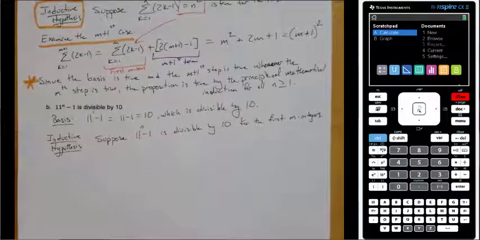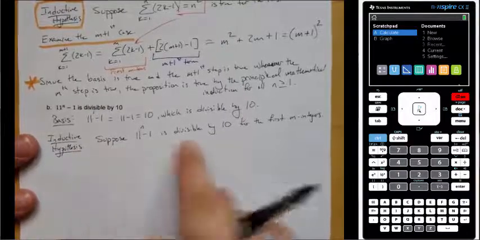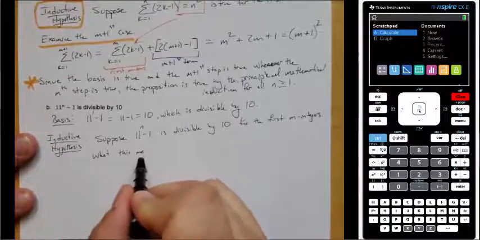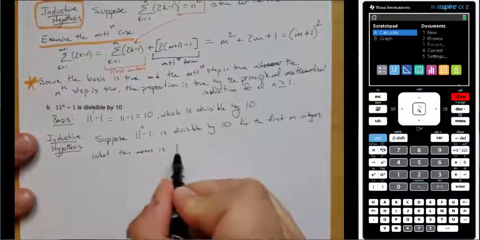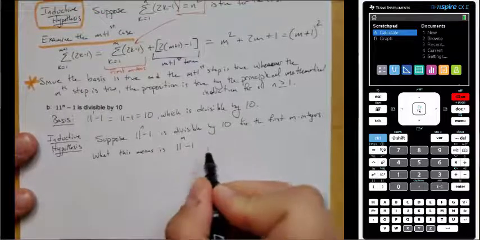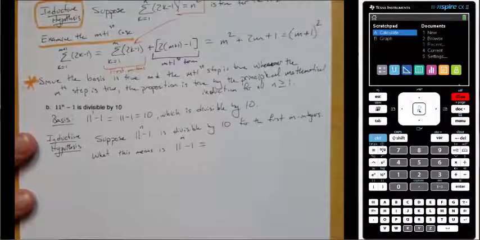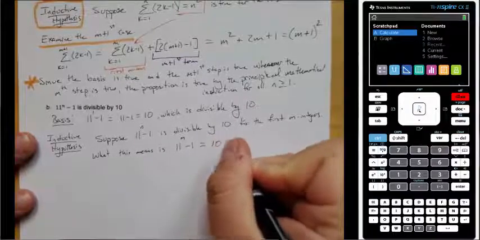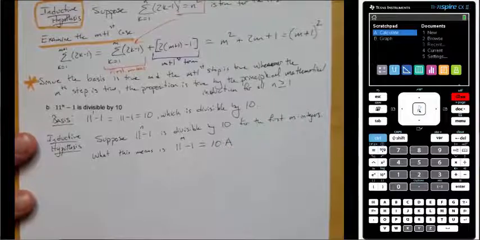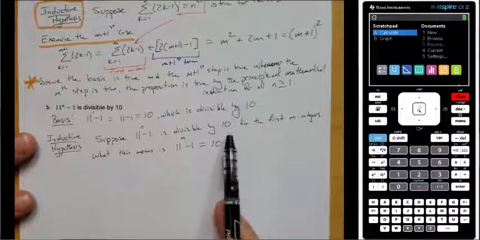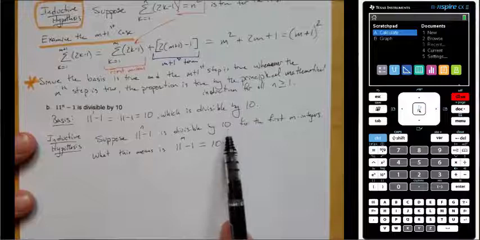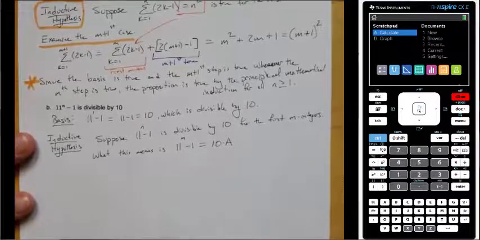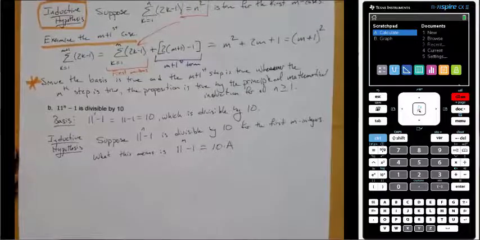If 11 to the m minus 1 is divisible by 10, that means we should be able to factor a 10 out of it, so this is equal to 10 times something, and I'm going to represent that something with an a. So if you're divisible by 10, you should be equal to 10 times some number, and this is going to be pretty useful for us in the algebra part of our proof in a second.